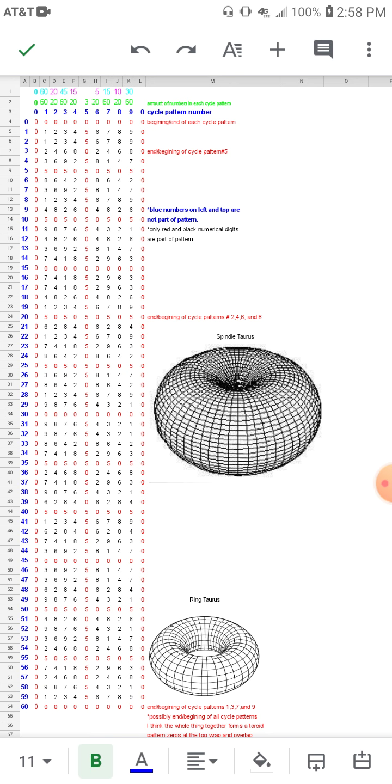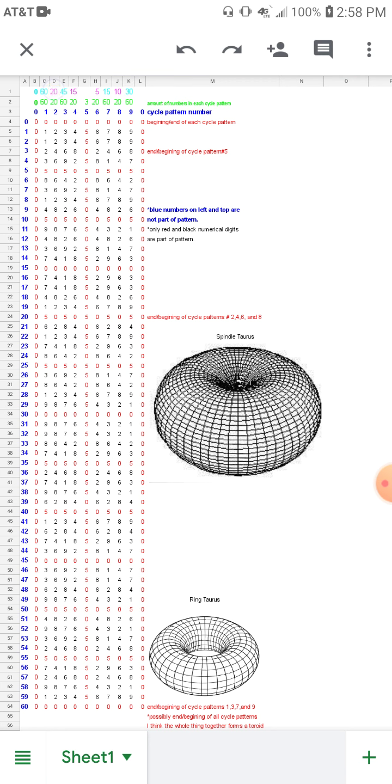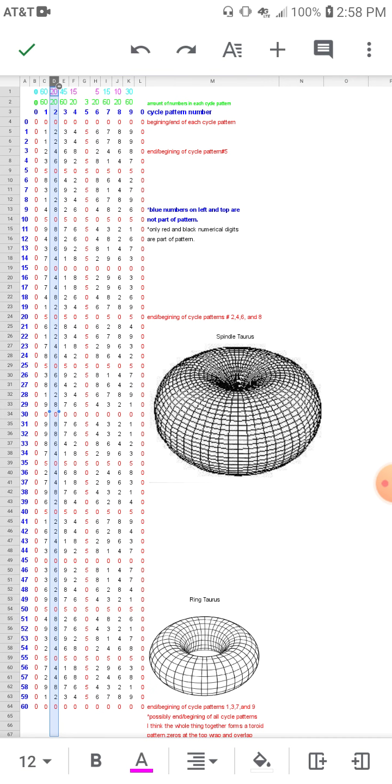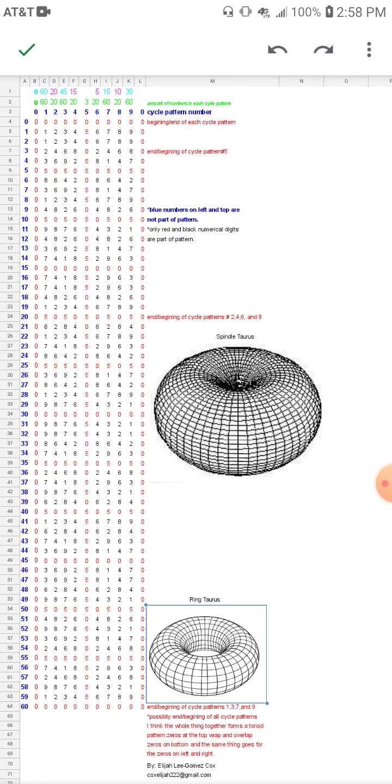But another possibility is that since the number 2 pattern only goes down 20 times, this would actually make 2 different toroids, both a ring torus and a spindle torus.